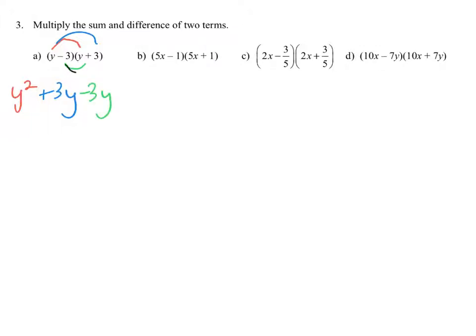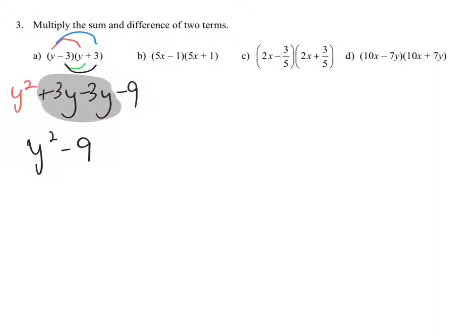And the last is negative 3 times a positive 3, which is a negative 9. Now you'll notice something interesting for these problems: the middle terms are always going to be opposite. Whenever you're multiplying a sum and difference, you will end up with a binomial solution that we can write as y squared minus 9, because the plus 3y and the minus 3y are opposite.